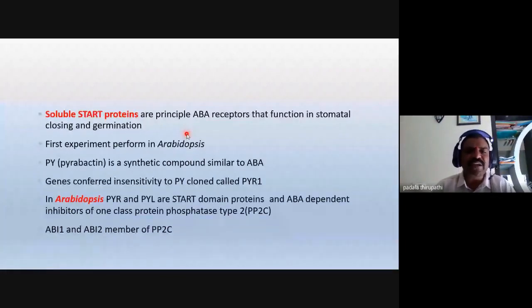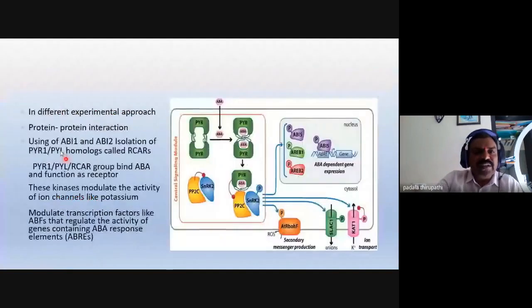In Arabidopsis, PYR and PYL are START domain proteins and ABA-dependent inhibitors of one class of proteins, protein phosphatase type 2C, PP2C. ABI1 and ABI2 are members of PP2C. This is the central signaling module, PP2C and SnRK2.